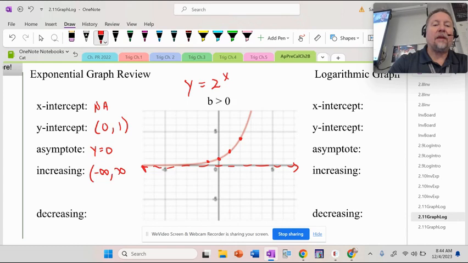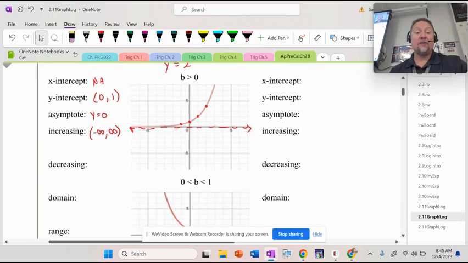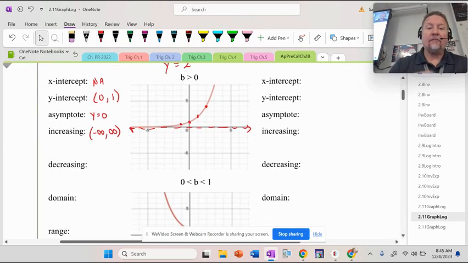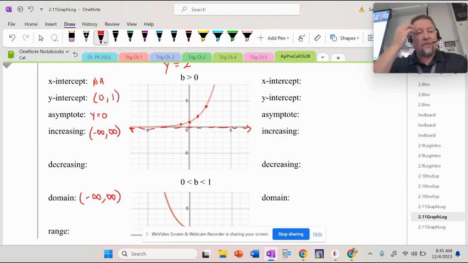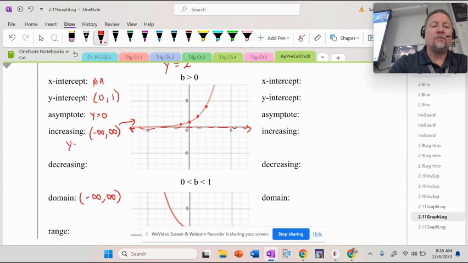So what's the interval that it's increasing? It's increasing from negative infinity to infinity, because that's what the domain is. The domain of this, and actually both of these, is all real numbers. Okay, so this one is increasing. So this is the y equals 2 to the x.